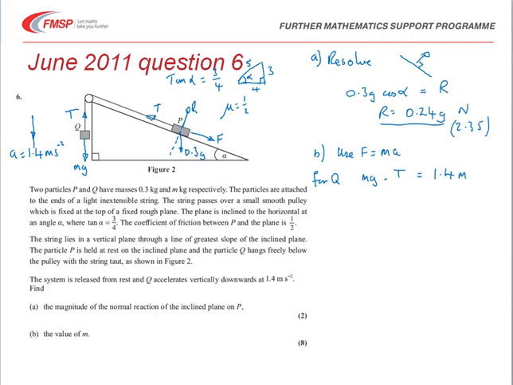And if we calculate that, g is 9.8, so T is 9.8 minus 1.4, or 8.4 m.